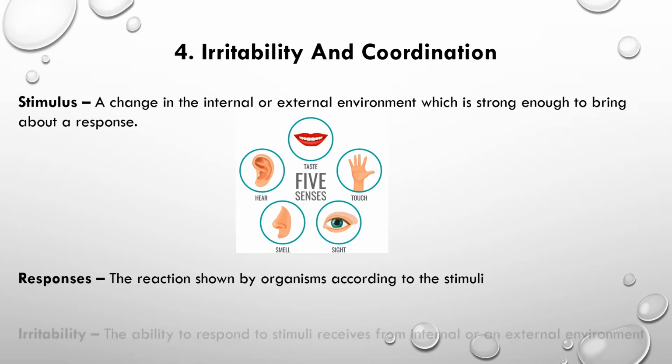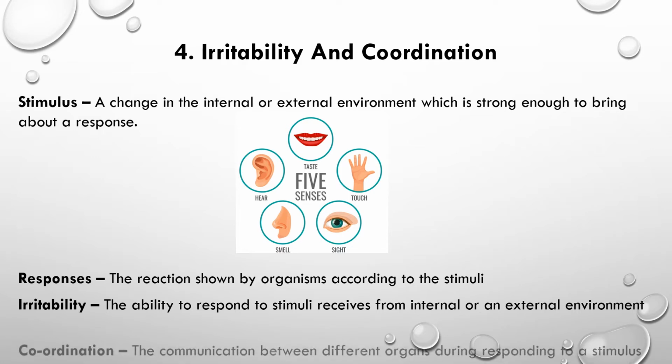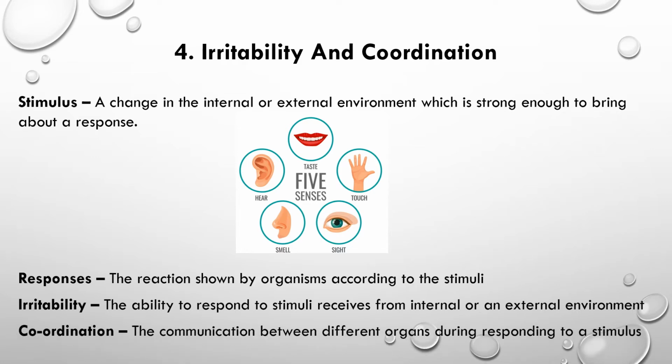And now let's see what is irritability. Irritability means the ability to respond to stimuli received from the internal or external environment. So as the stimulus is received, the organism shows different responses. So this ability is called irritability. And coordination means the communication between different organs during responding to a stimulus.